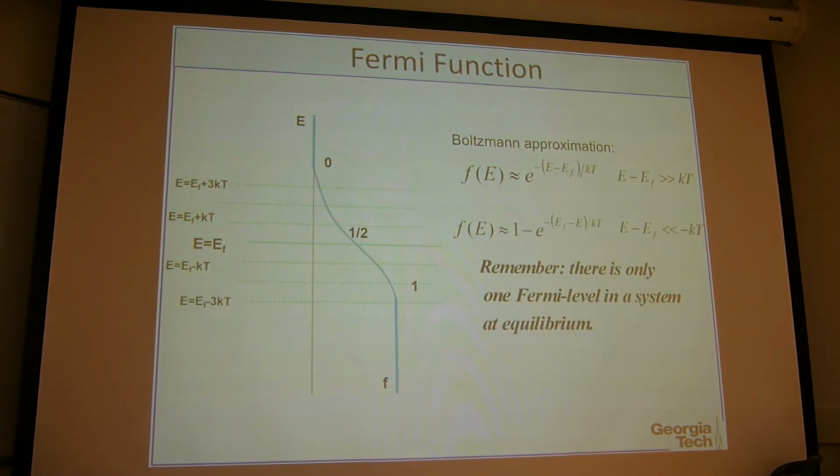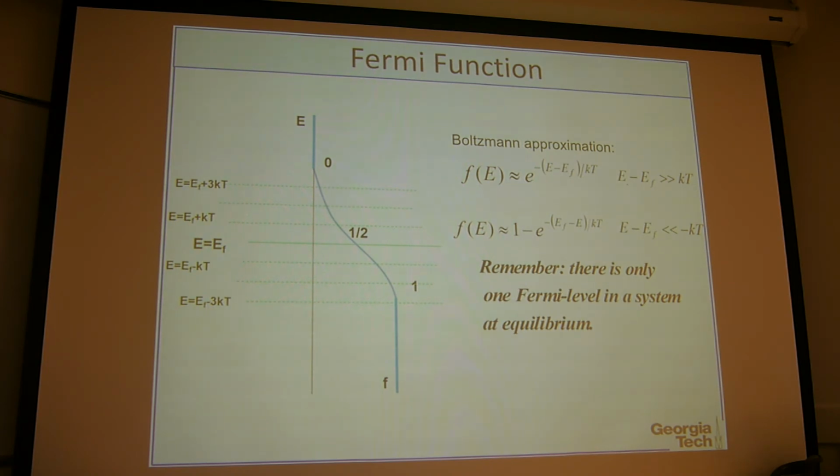Okay, so let's look at the approximation of this Fermi function. And here this is the Boltzmann approximation. We are interested in the condition when the energy level is much higher than the EF.